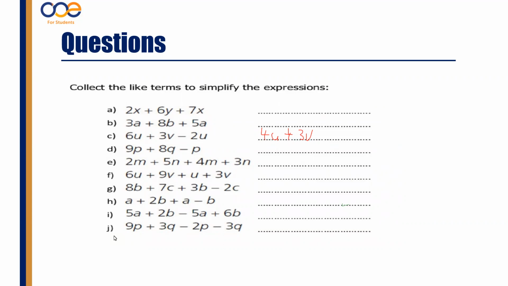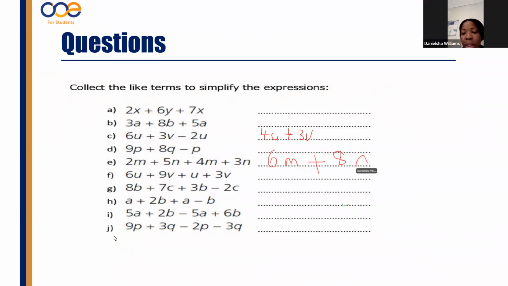Go ahead. Miss, the answer is 6m plus 4m plus 8n. 6m plus 8n, miss. Yes, that is correct.